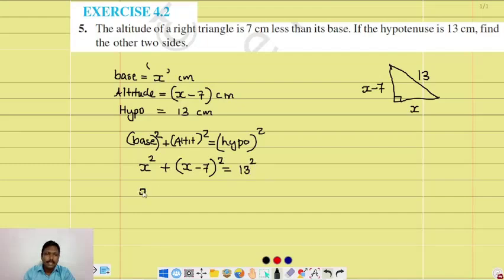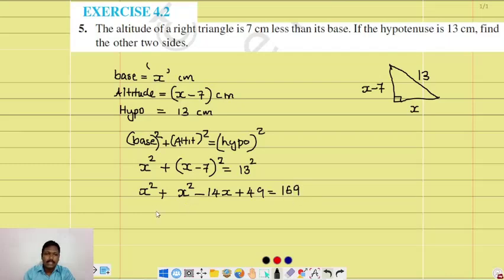You can expand x minus 7 the whole square using a minus b the whole square: a squared minus 2ab, what is 2ab? 2 into x into 7 will be 14x, plus 49, is equal to 13 square, that is 169.